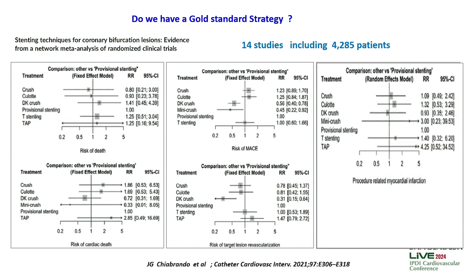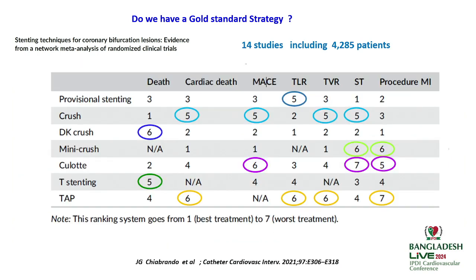the meta-analysis comparing provisional stenting to what we are using today, the different double stenting techniques, showing that each strategy of double stenting has pros and cons, as you can see in terms of single endpoints. That means some will have more death or cardiac death or MACE or target lesion revascularization or target vessel revascularization or stent thrombosis.